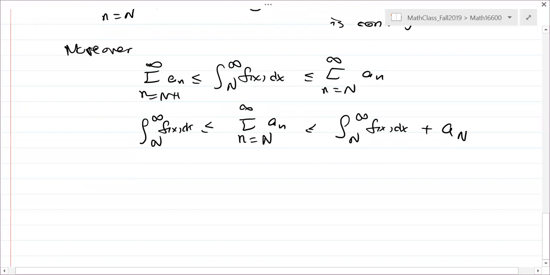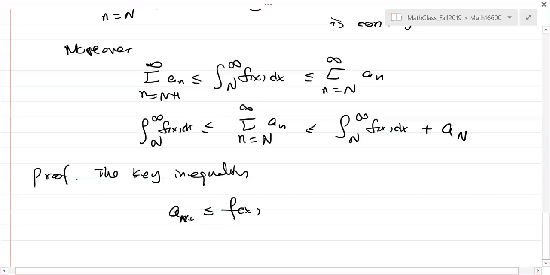The proof is similar to the argument I just gave you for the harmonic series. The key idea is the following: because the function is decreasing, the key inequality is as follows. a_{n+1} is less than or equal to f of x, which is less than or equal to a_n, for x between n and n plus 1.